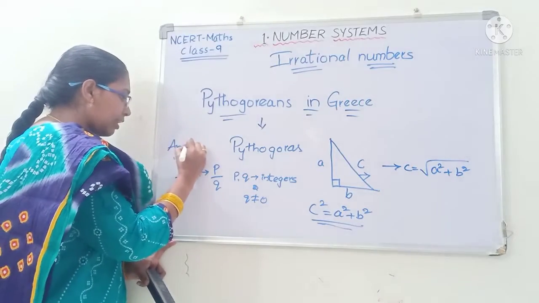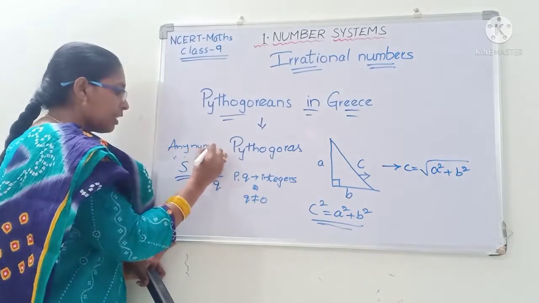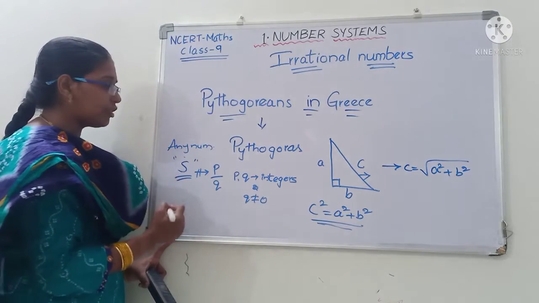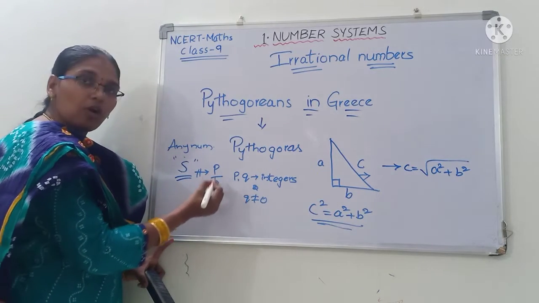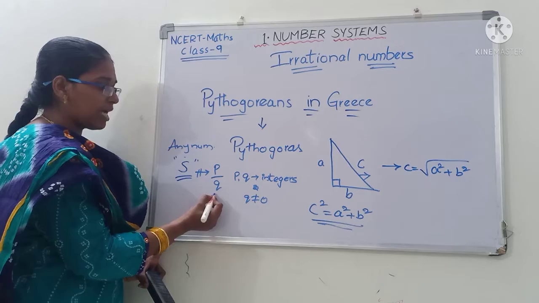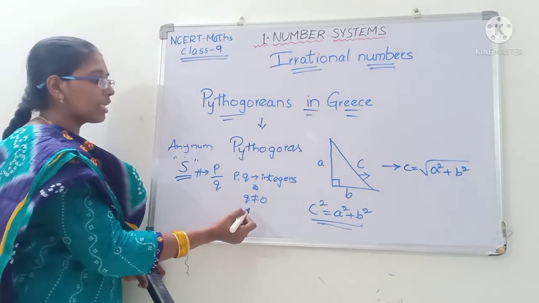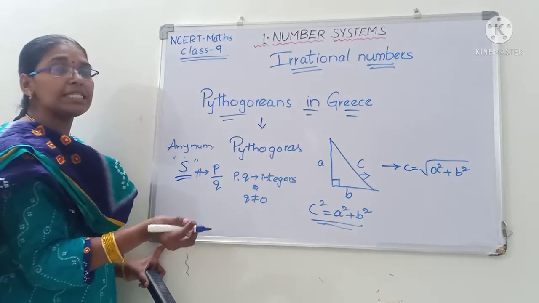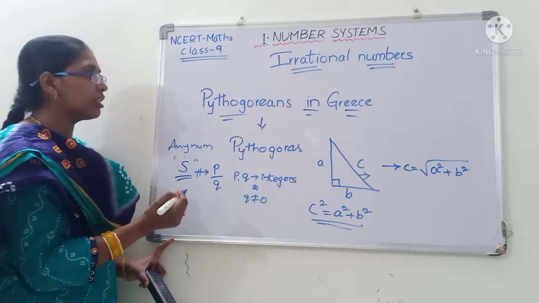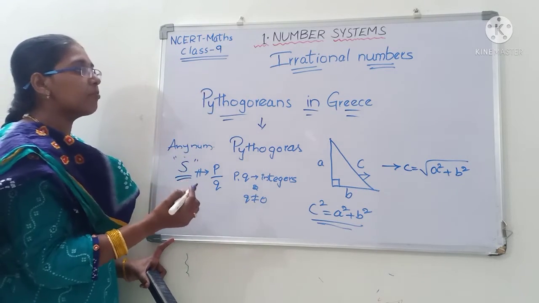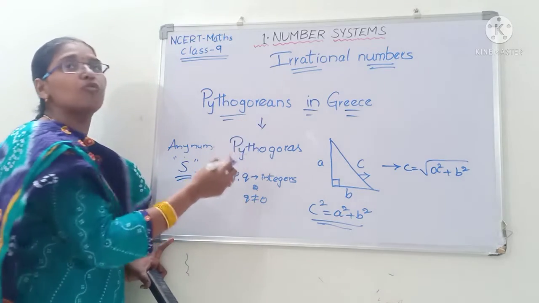Any number is called irrational if it cannot be expressed in the form of P by Q, where P and Q are integers and Q not equal to 0. That means the numbers which are not rational are called irrational numbers, and Pythagoreans are the people who first discovered irrational numbers.